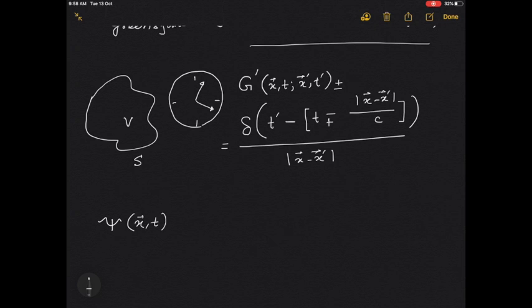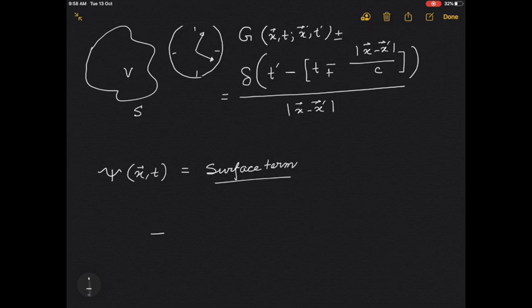Okay. So if I want to figure out what is psi at a given x and t, now see this has two terms. So one is the surface term which I am not writing here.